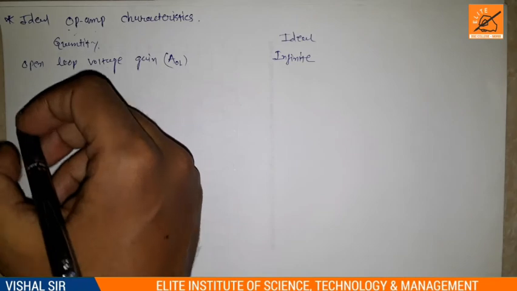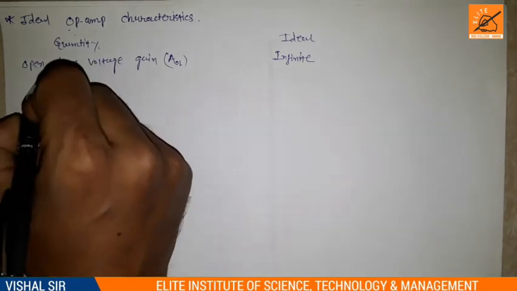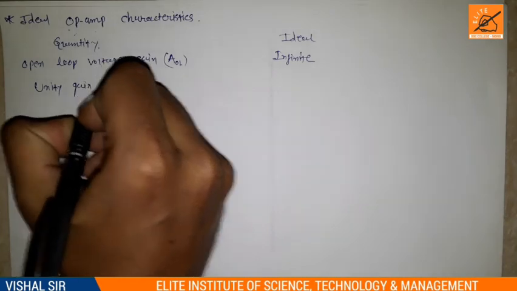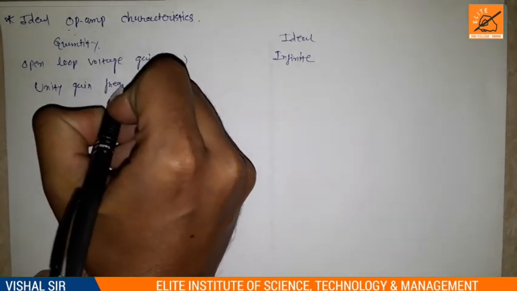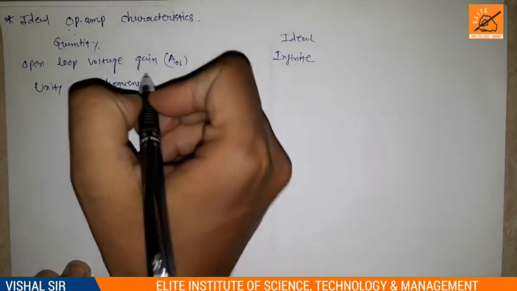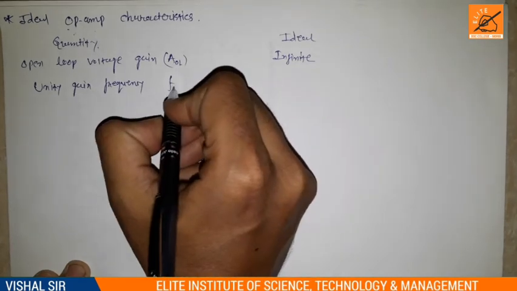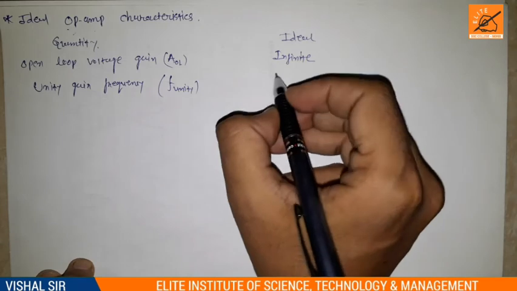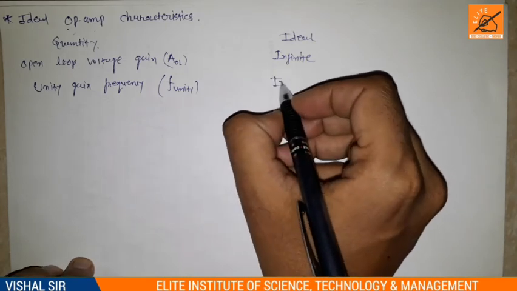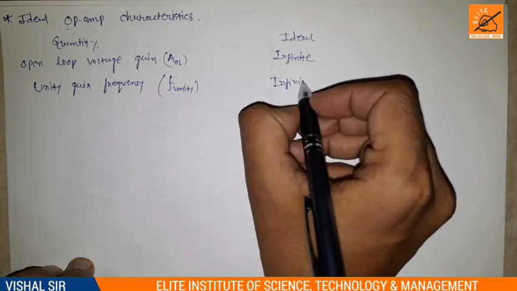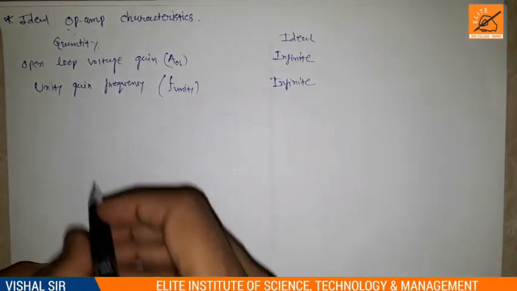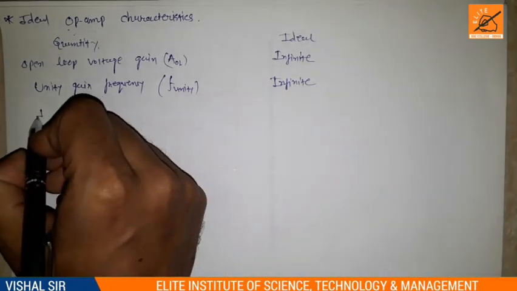Then unity gain frequency, F unity. Its value will also be infinite. Then we will see input resistance.